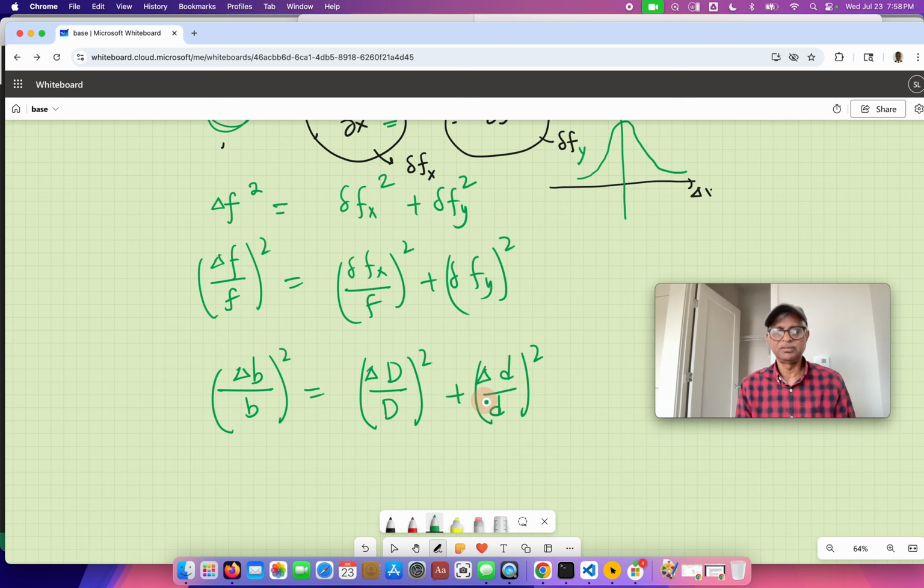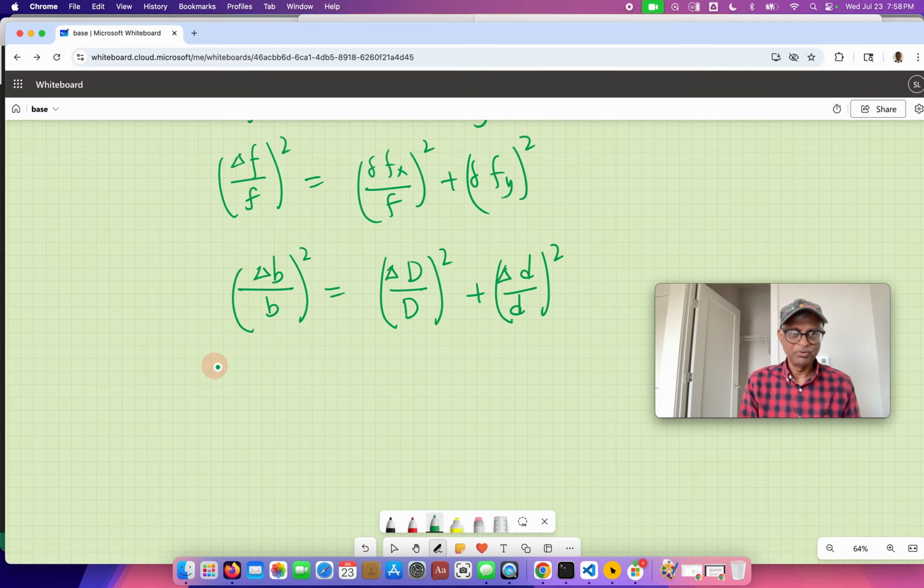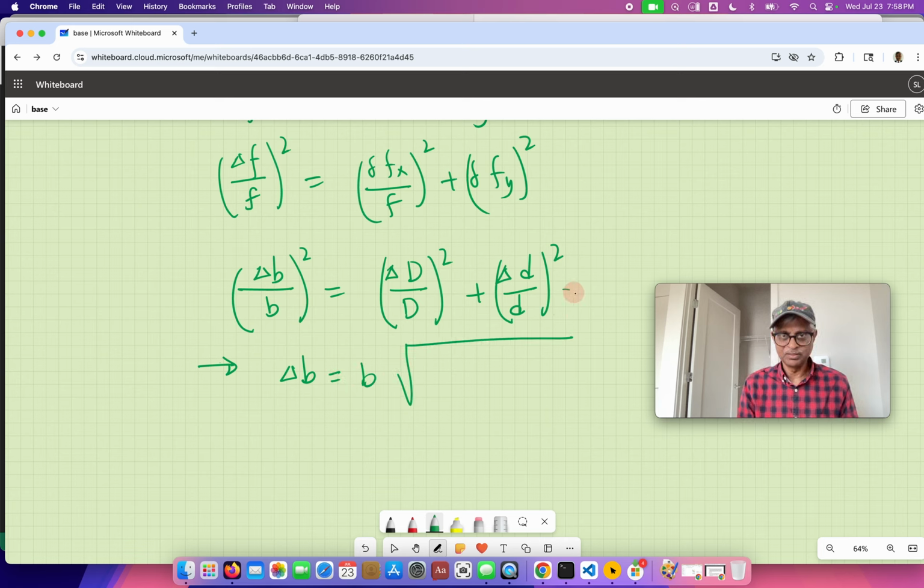So it's going to be a sum of the squares instead of a sum of the absolute values. This leads to delta b being b times the square root of this stuff, and I think I worked out the formula. You can just play around and find that it actually turns out to be 72 micrometers.